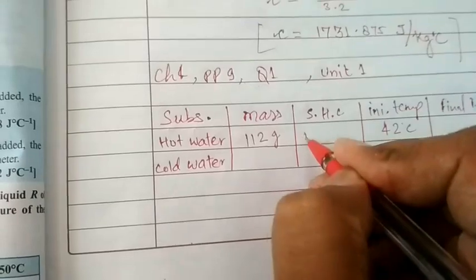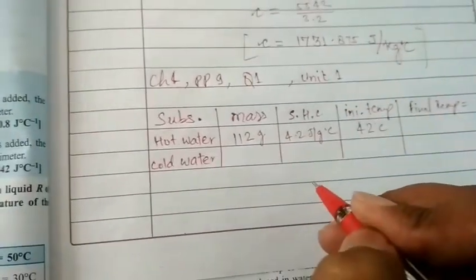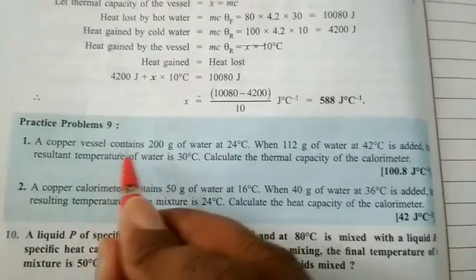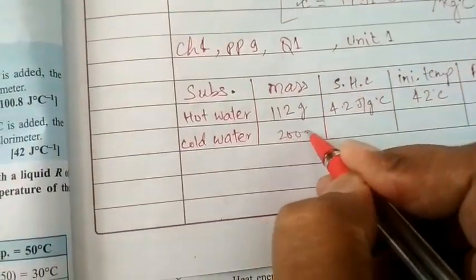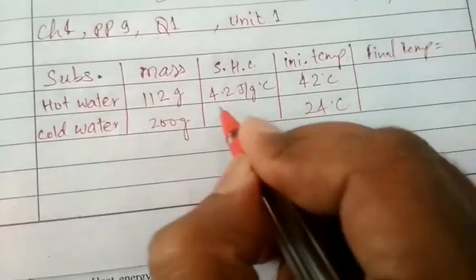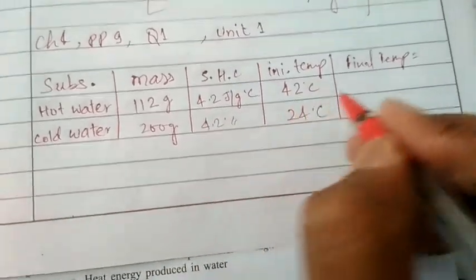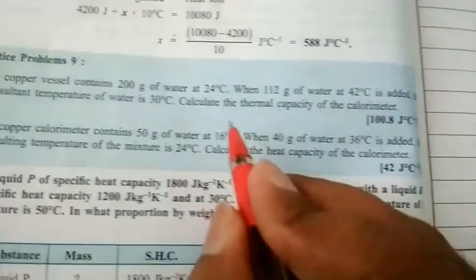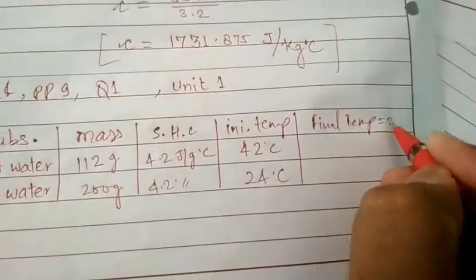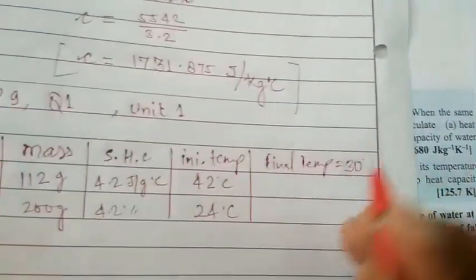Since it's water, it will have 4.2 joule per gram per degree Celsius specific heat capacity. Then cold water, 200 gram at 24 degrees Celsius, also water, same 4.2 joule per gram per degree Celsius. The resultant temperature is 30 degrees Celsius, so the final temperature is 30 degrees Celsius.